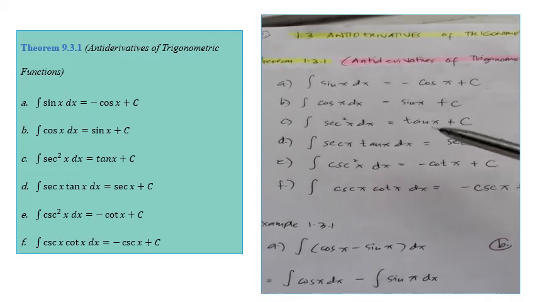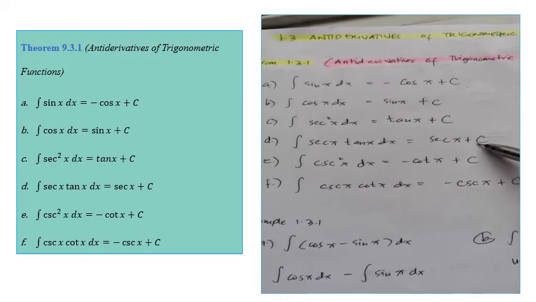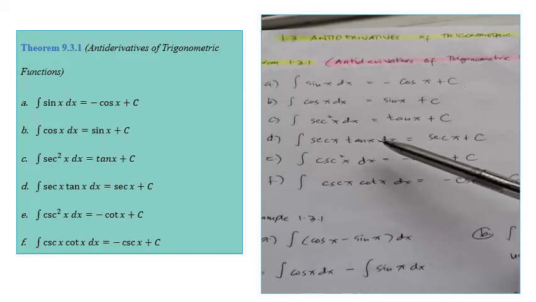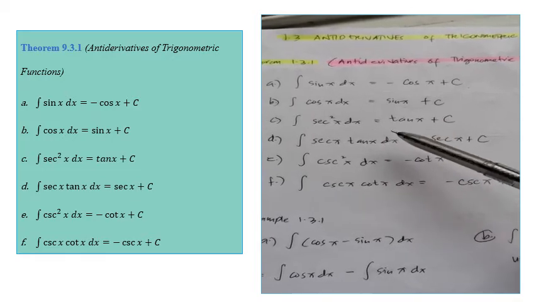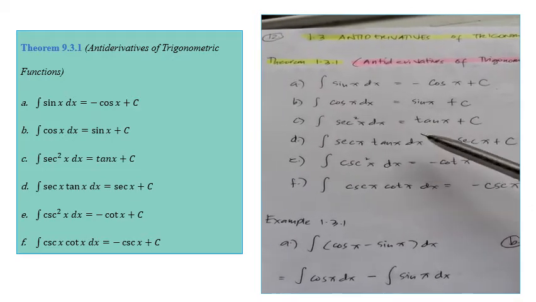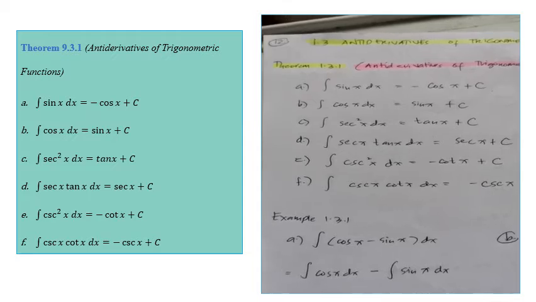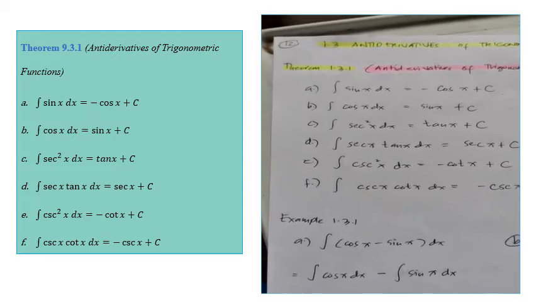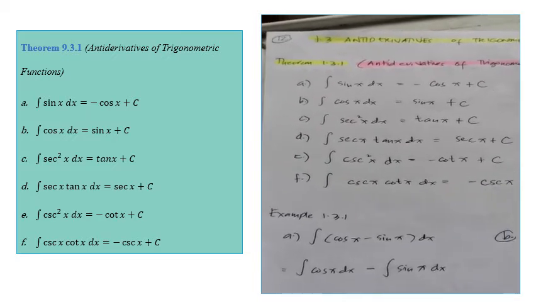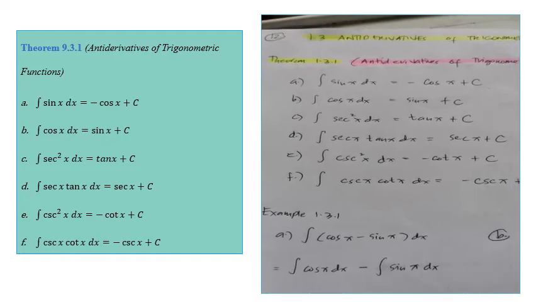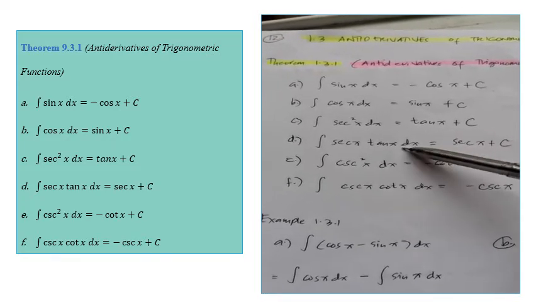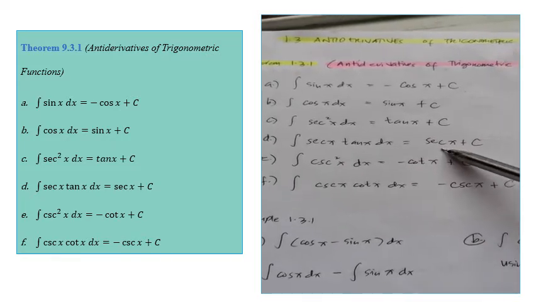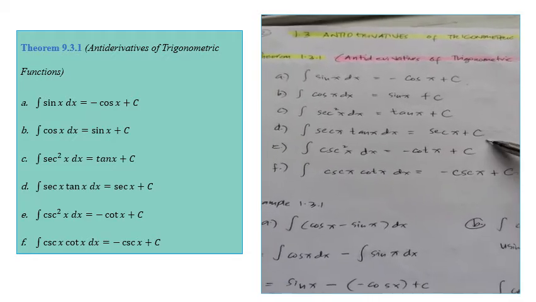Parehas lang yun ha, is equal to the secant x. Okay? So, which means, ang partner din dito class is si secant at saka si tangent. Pag nakita din yung secant squared, may exponent, ibig sabihin nun, ang integral niya is si tangent. Kapag pinag-combine naman si secant and tangent, ang integral niya is si secant x plus the constant c.